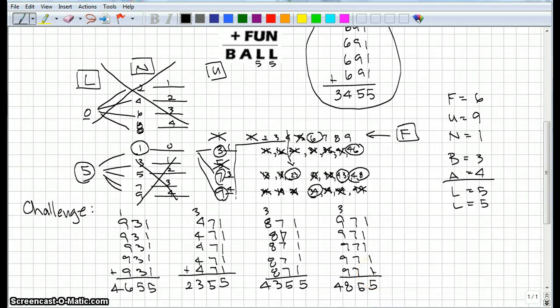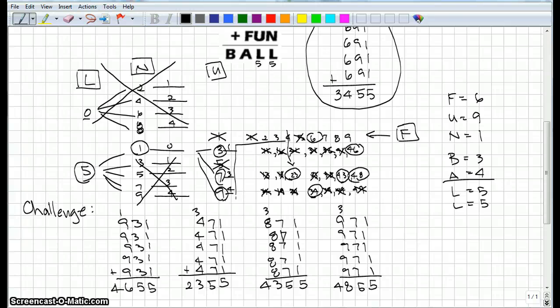And I have to make a confession. This problem I had originally written with 4 FUNs. So it was FUN, FUN, FUN, FUN equals BALL. So I didn't realize that until last night, the night before I was going to record this problem. And so I had to do some quick thinking or quick work to make sure it still worked.